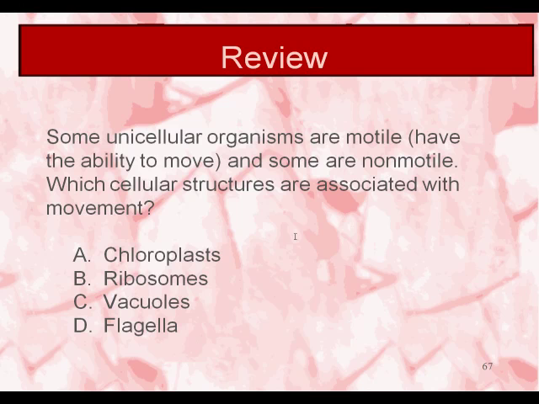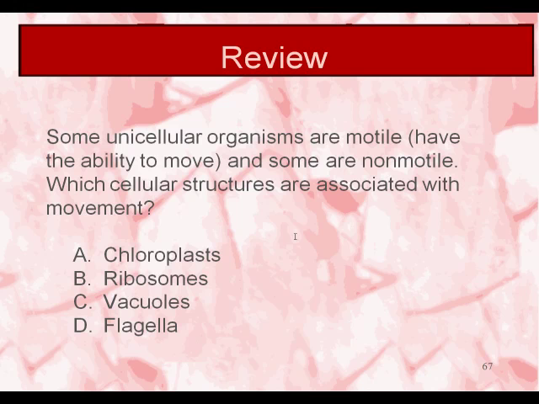Some unicellular organisms are motile and have the ability to move. Some are non-motile. Which cellular structures are associated with movement? A, chloroplasts, B, ribosomes, C, vacuoles, D, flagella.